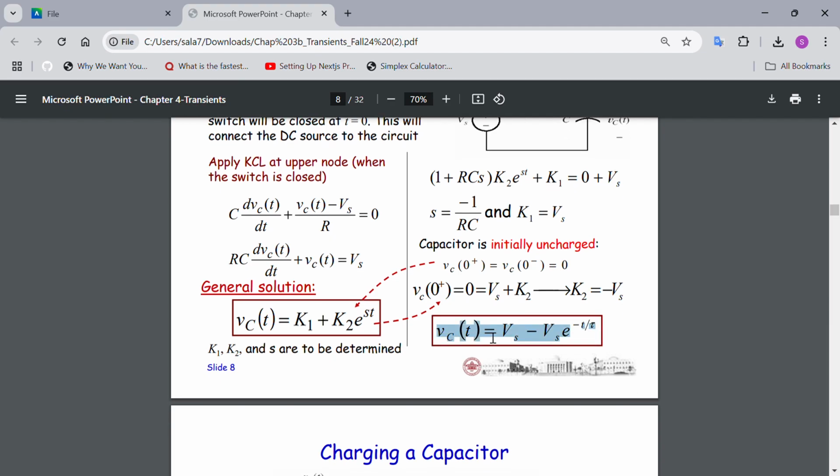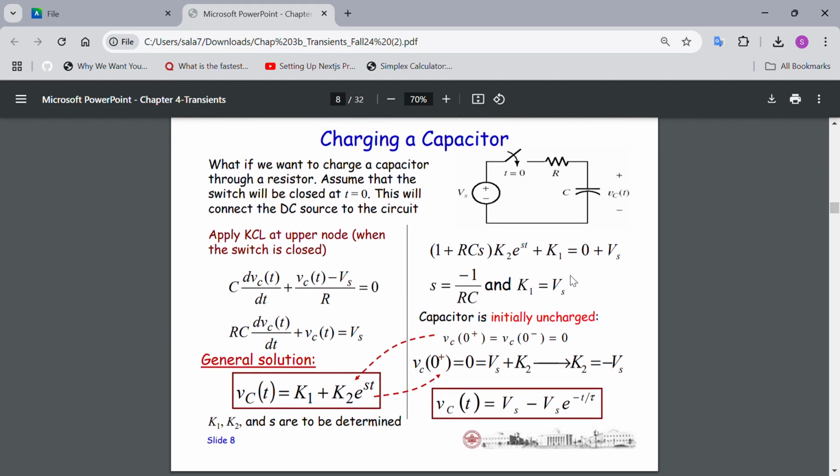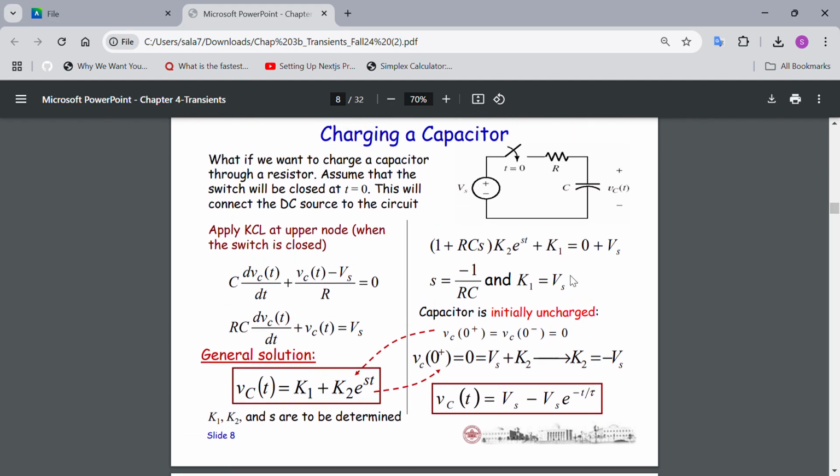That's the general solution for our problem, which is charging a capacitor.